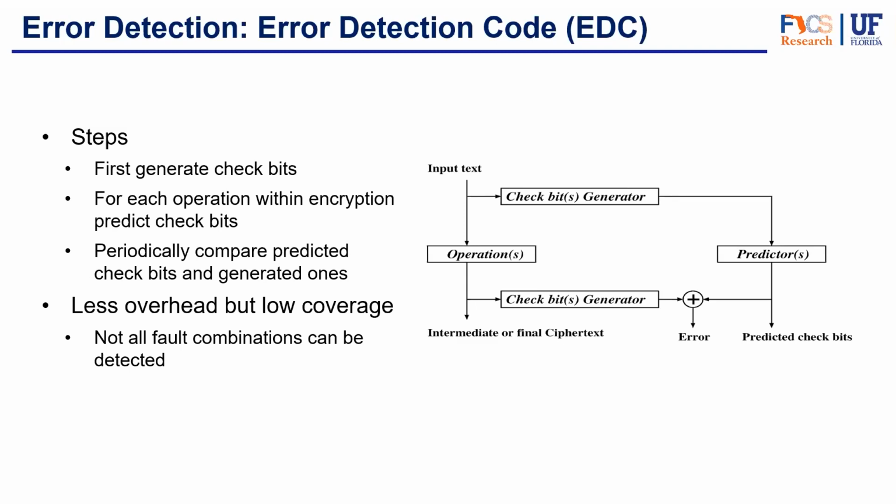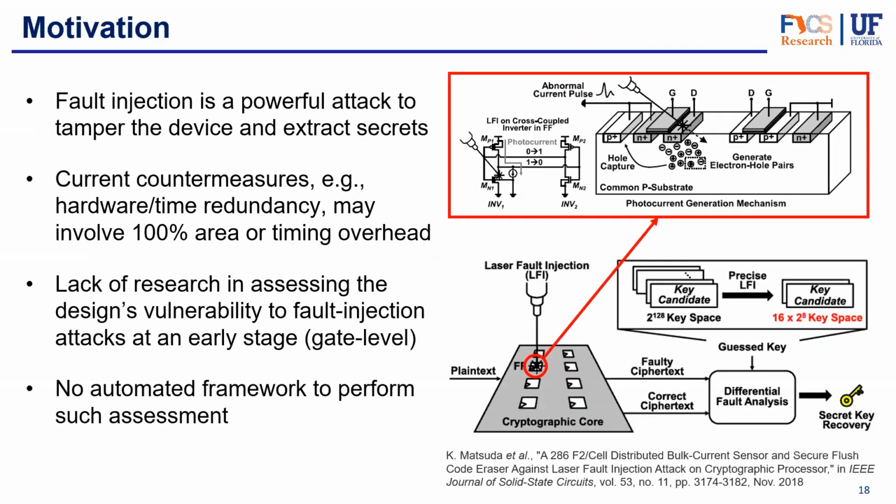And so it has low coverage, and sometimes even when we want to apply such a technique, we end up with an area overhead of 1x, 2x, 3x for that part of the design, and still the overhead may not be manageable for IoT devices.